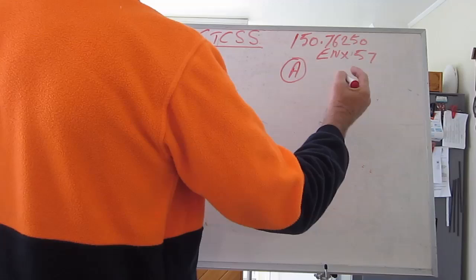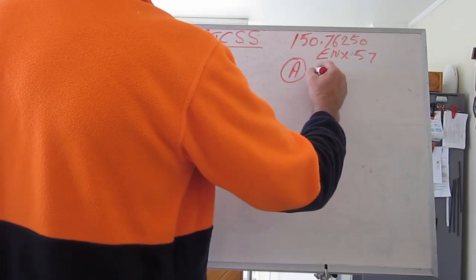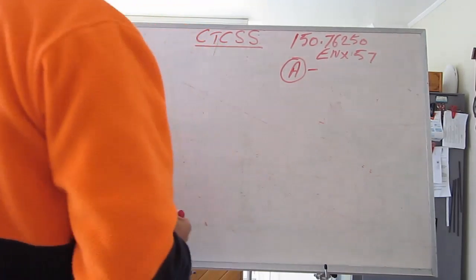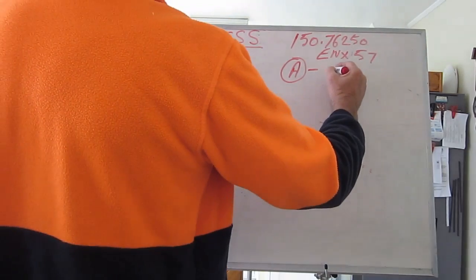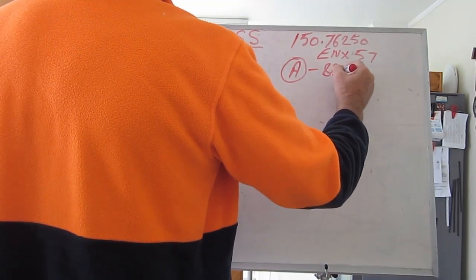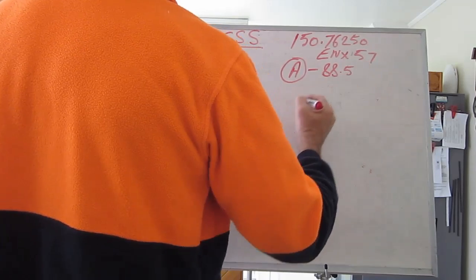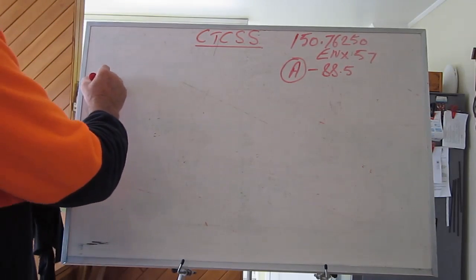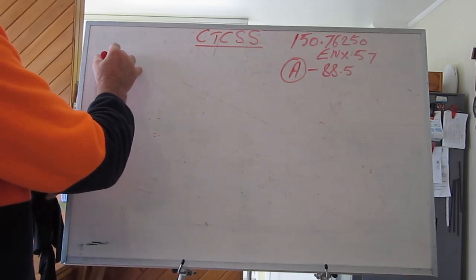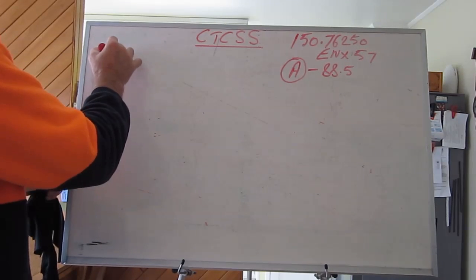I'll just go A, B, C. Company A applied for a frequency. They were the first people to apply for this frequency, and their license stipulated that they are to use 88.5 as a CTCSS tone. So Company A set themselves up in business.